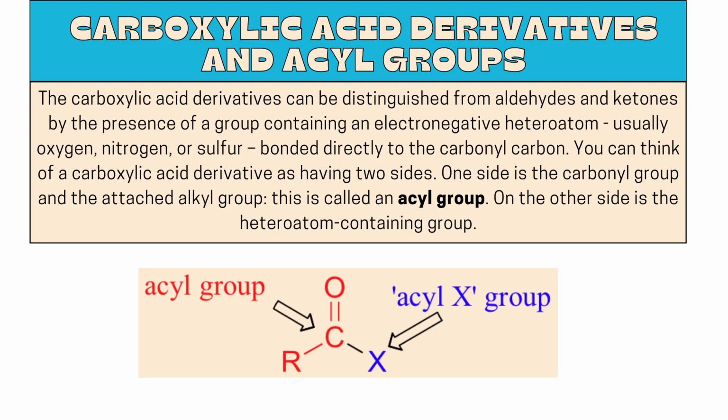Moving forward, the carboxylic acid derivatives can be distinguished from aldehydes and ketones by the presence of a group containing an electronegative heteroatom, usually oxygen, nitrogen, or sulfur, bonded directly to the carbonyl carbon.